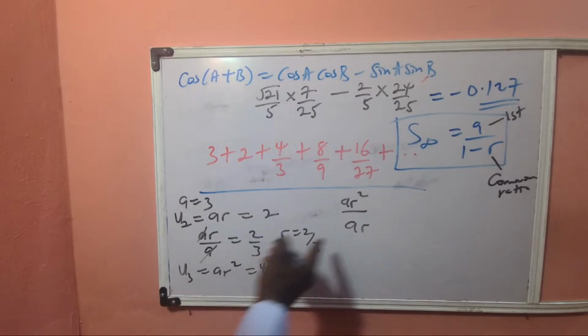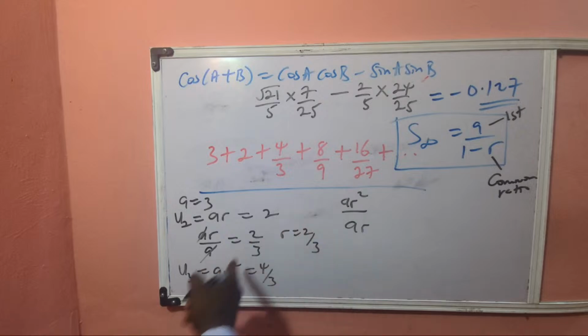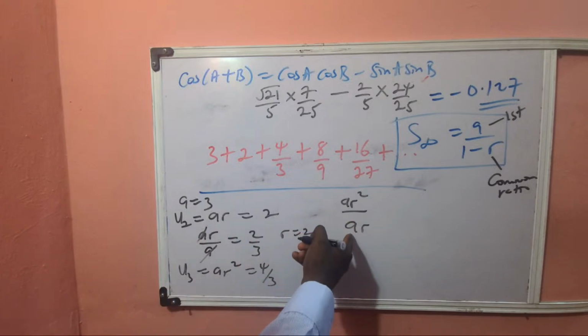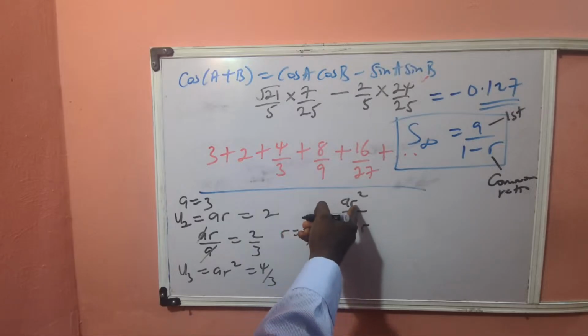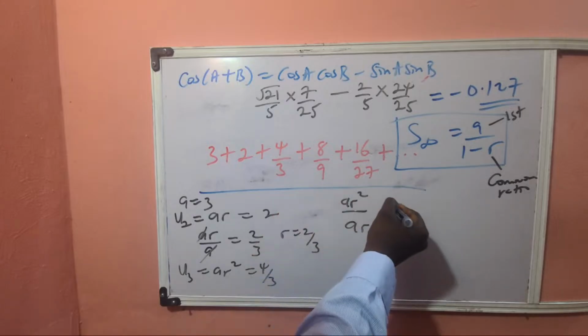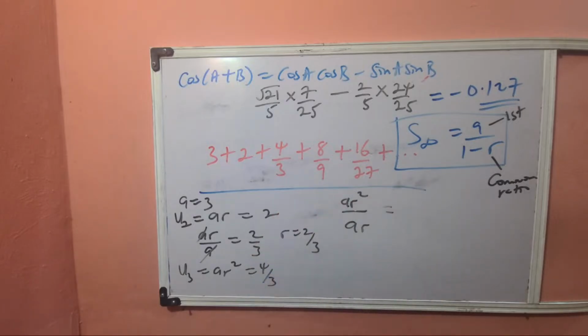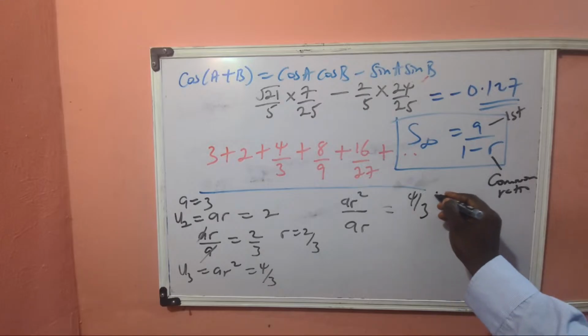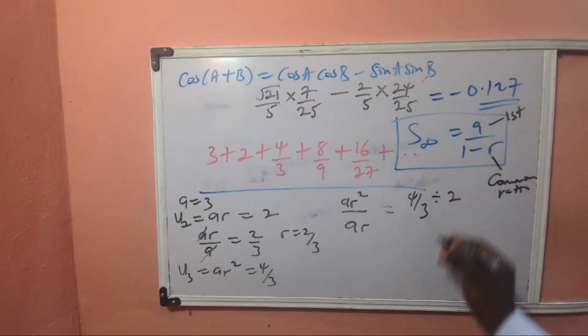So you can see there, because I'm trying to find my R, and I know that if I divide U3 divided by U2, of course, I know that A will cancel A, R will cancel one of the R here, I'm left with just one R. So it makes sense for me to do this. So I'll be having, of course, this will be 4 over 3 divided by 2.